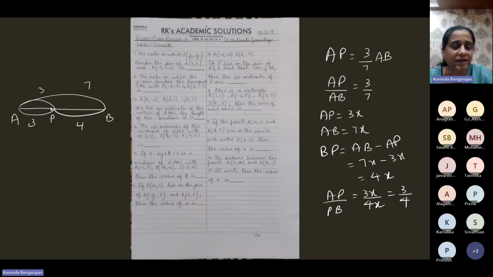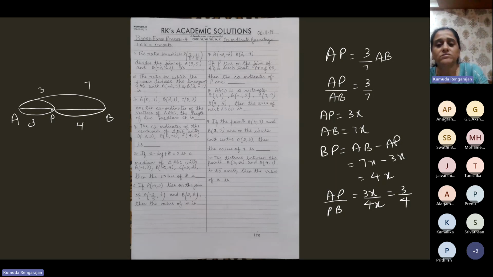So because P lies on AB, we need to use the ratio AP by PB. AP is 3 parts and PB is 4 parts. 3 is to 4 is the ratio. You can see the working here. So the answer is minus 2 by 7, comma, minus 20 by 7.